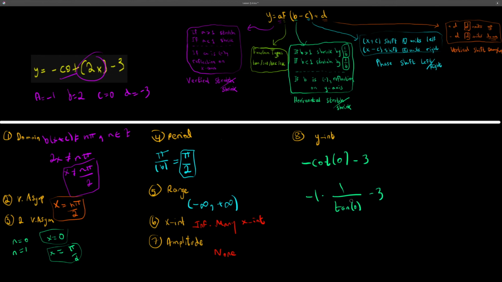Now what do you notice here? Tangent 0 is going to be 0, which is undefined, making this whole equation undefined. So x equal to 0 is an asymptote. And that is the answer for this question.